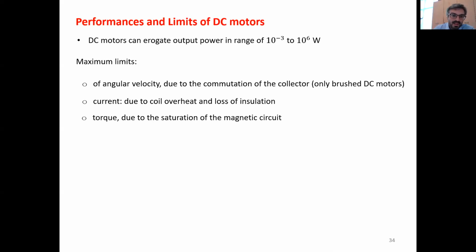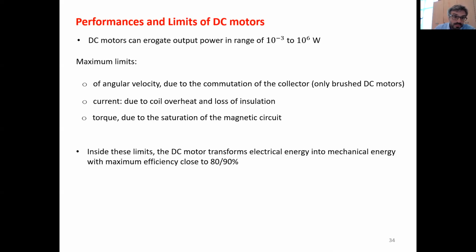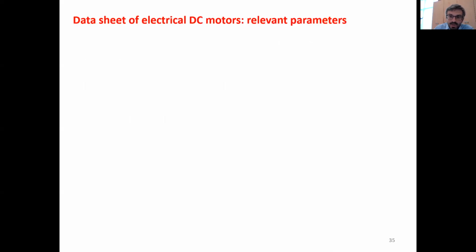So there is no more increase in the magnetic field and the torque, while you can still increase the current, and this is the saturation point. And inside these limits, the DC motor can have a good efficiency of up to 80–90%.